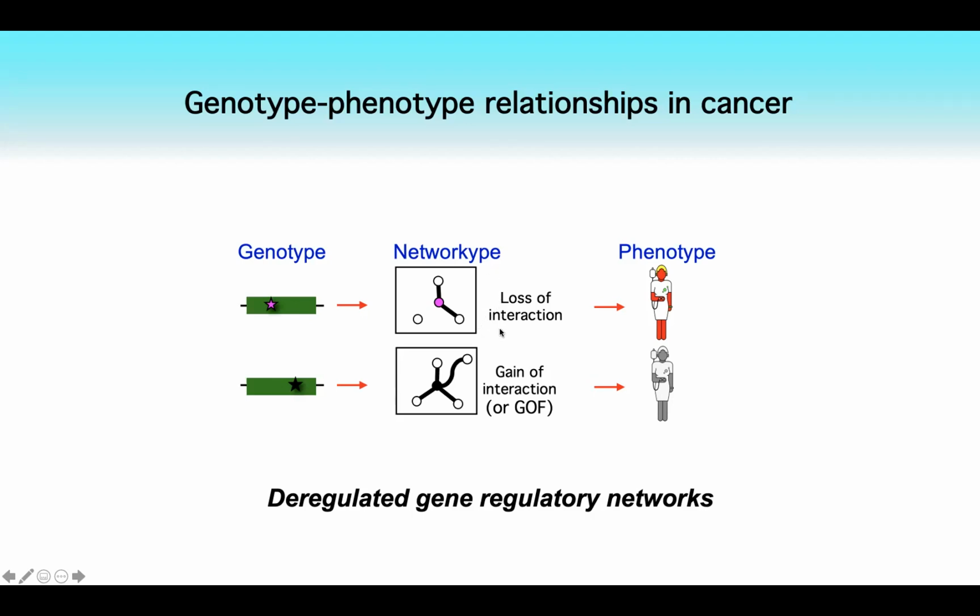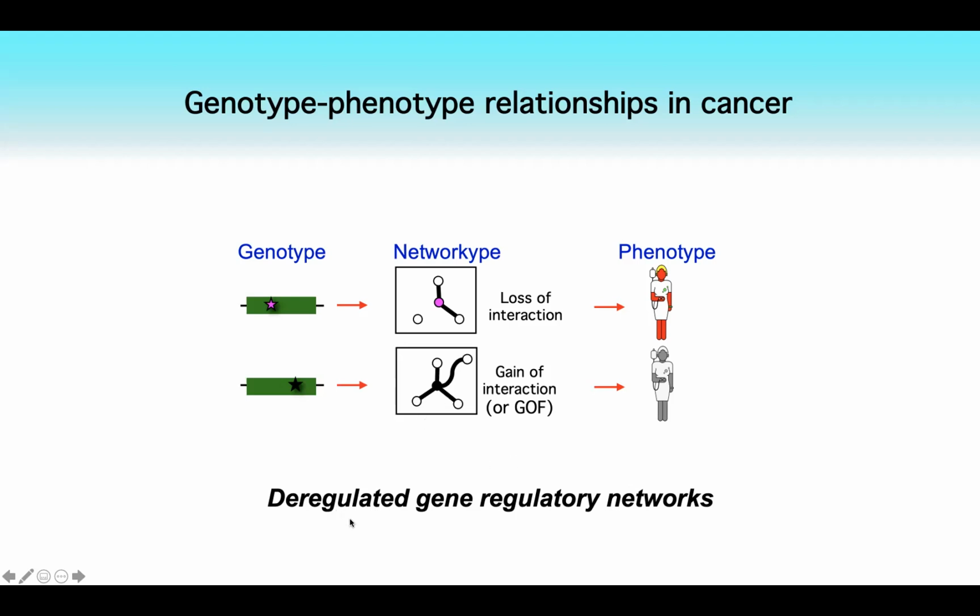Put in a simple way, there are 2 different scenarios. One is loss of interactions caused by mutation 1 here, and the other is a gain of interactions, as you see in the second mutation. In this scenario, it gains an additional interaction compared to the wild type network.